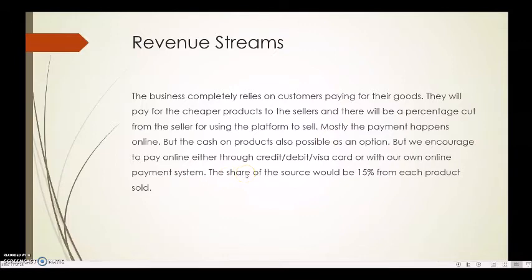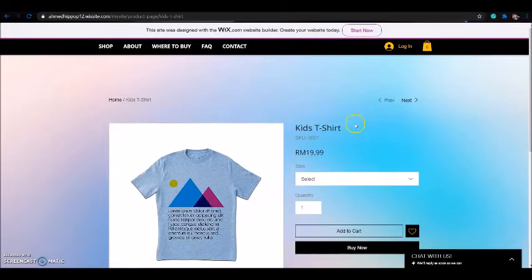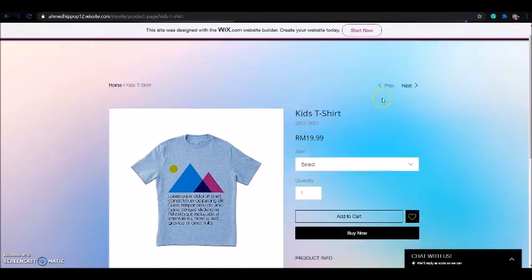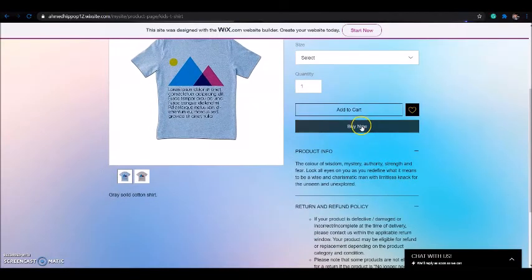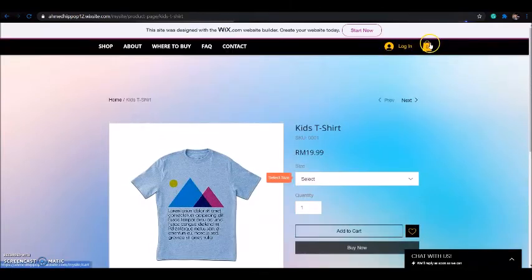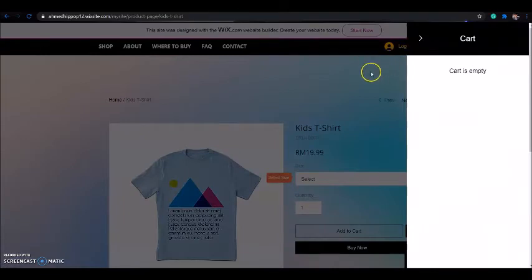The money generated from the source would be 15% from each product sold. That means when a seller sells one product, we take a share of 15% from it, so that we also profit. Within the website, the moment anyone buys anything, they go to the cart, confirm, and make the payment.